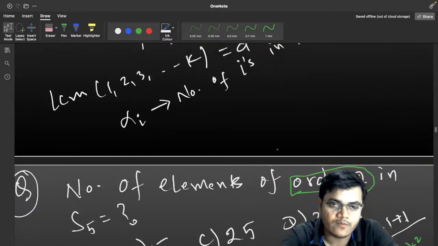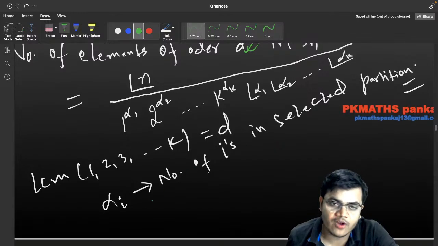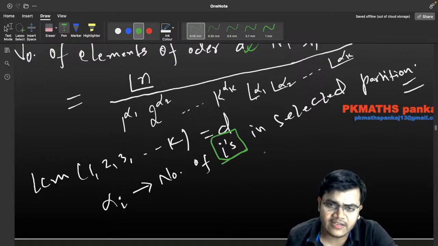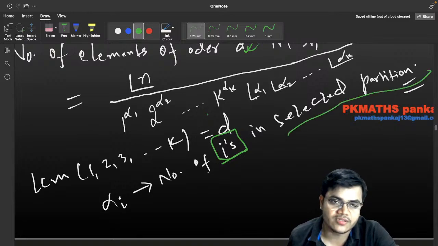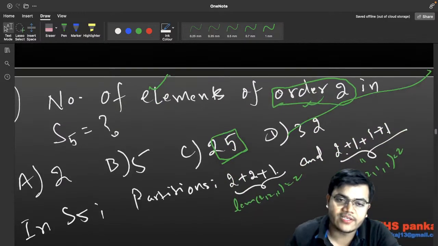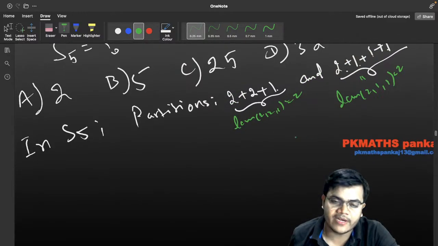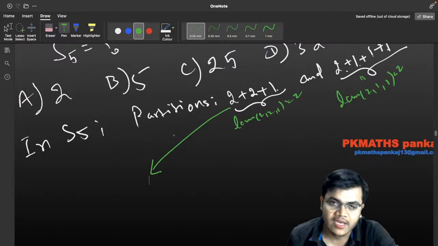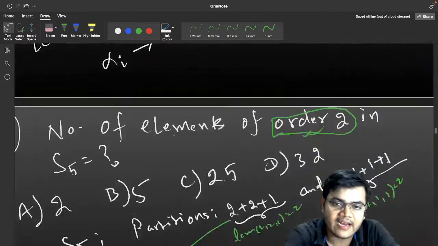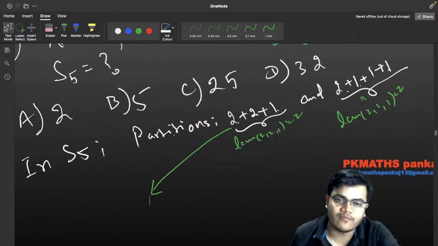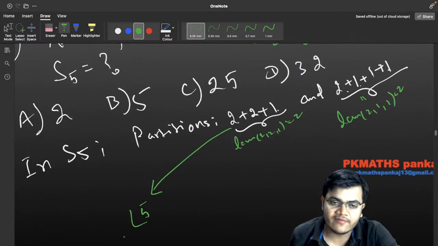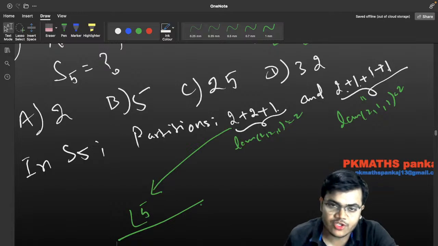Now come to the formula. Here what was the formula? Number of i's selected in the partitions, and here is factorial n. So how shall you find the number of elements of order 2? We will find the number of elements of order 2 for both partitions, and thereafter we are going to add. So the formula: factorial n. It was S5, so first of all factorial 5 divided by what things should be there.